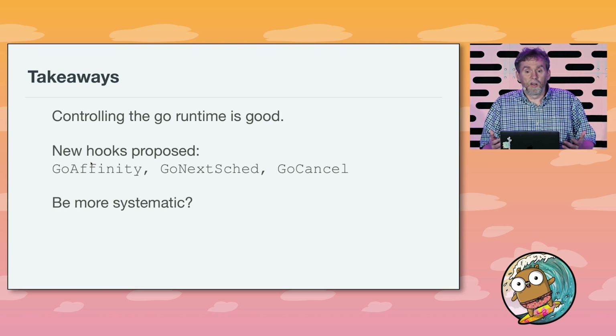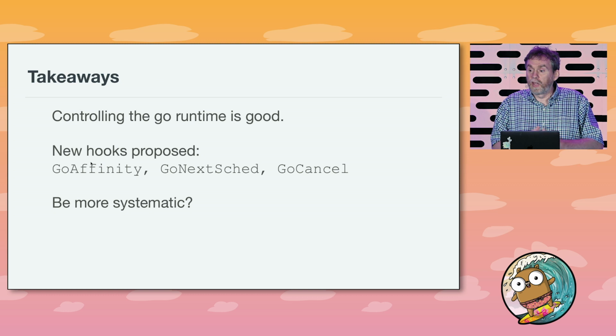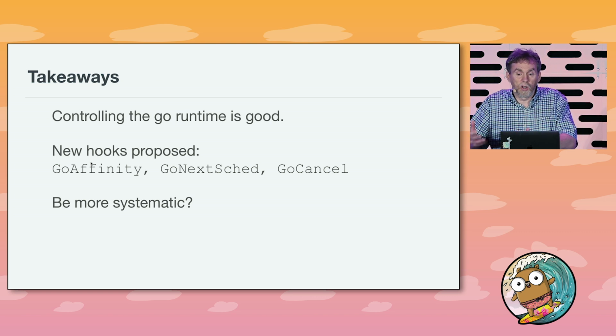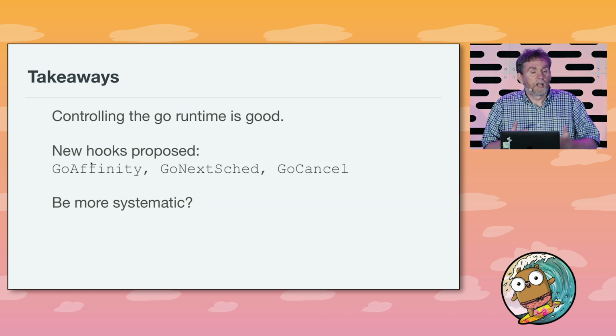And I think in the background is really the thought that it's a good moment to be a bit more systematic about how we're thinking about the runtime, how we're making it do what we want, thinking about our algorithms, thinking about what sort of hooks we might need to have our programs run better.